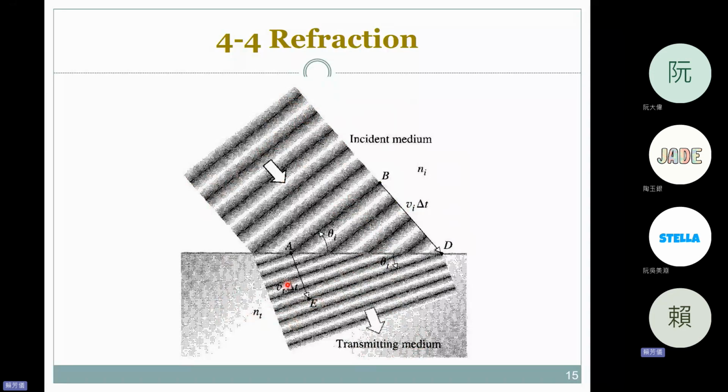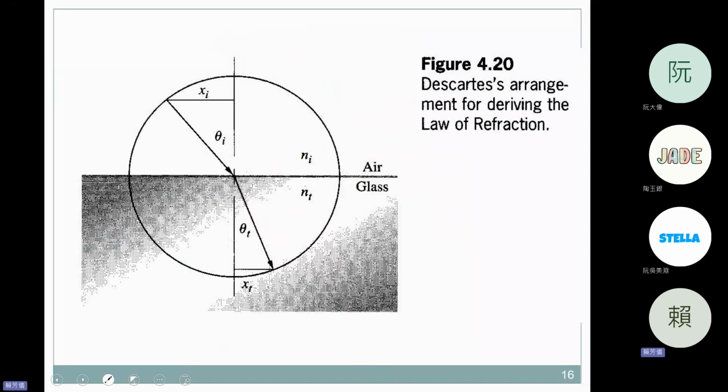So the velocity will actually change. Okay, so this is the Descartes arrangement for deriving the law of refraction, and he also knew there is some connection between theta I and theta T.